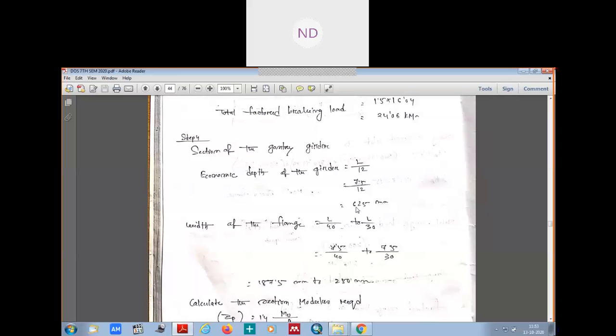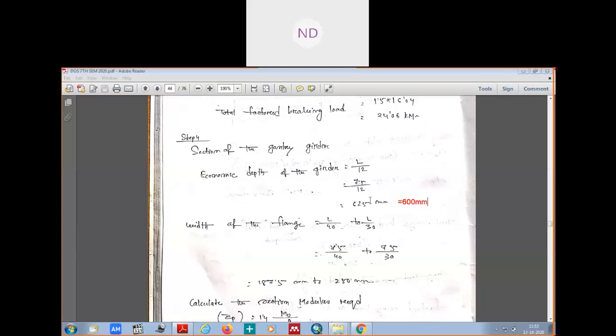So we can take it to be 600, because we may not get a depth of 625, we can get a depth of 600. So we take the total depth of the girder as 600 mm.